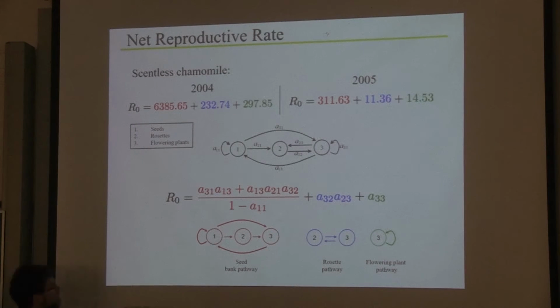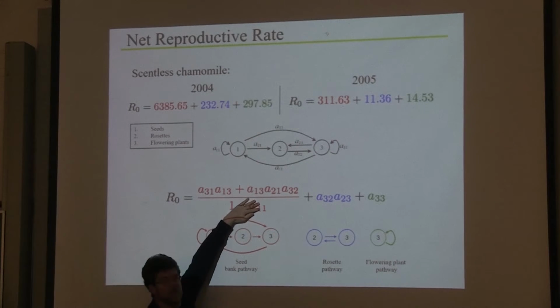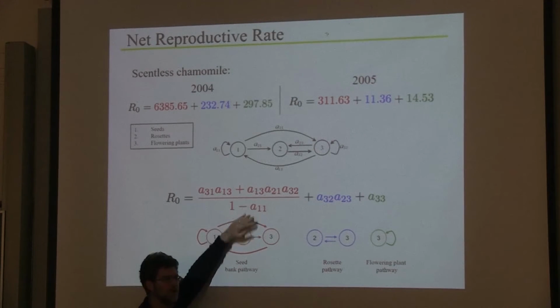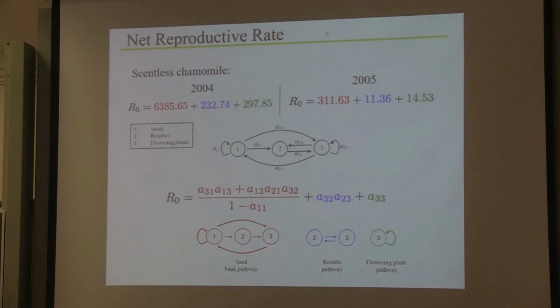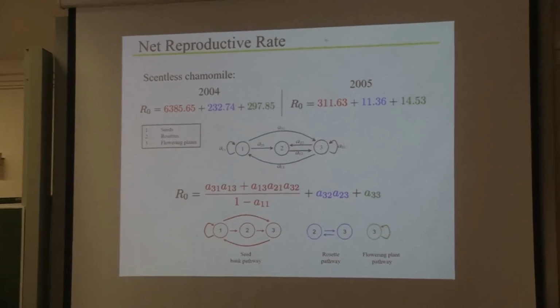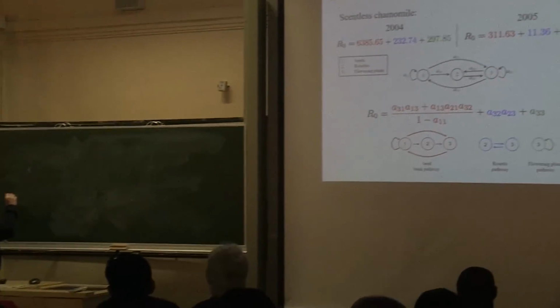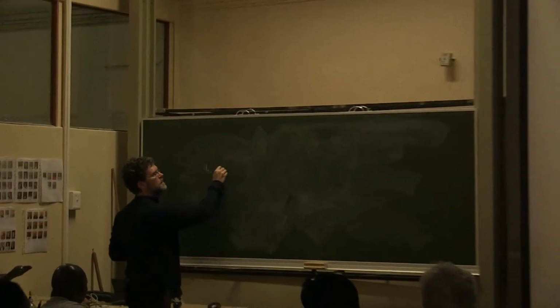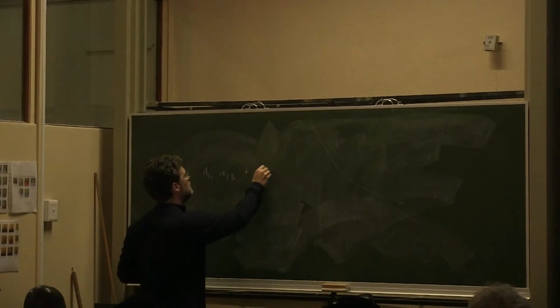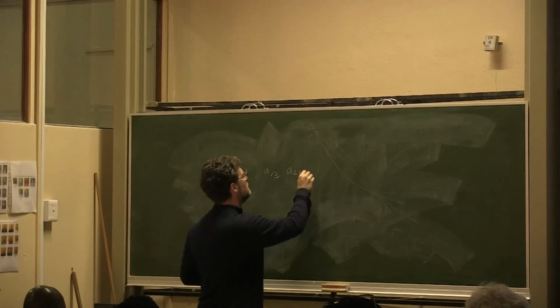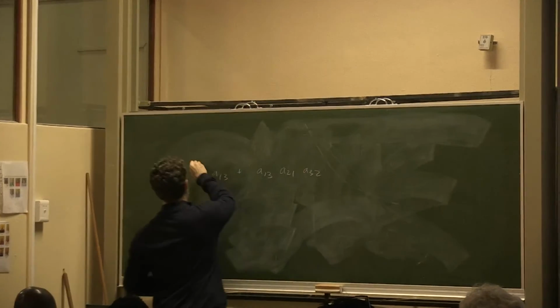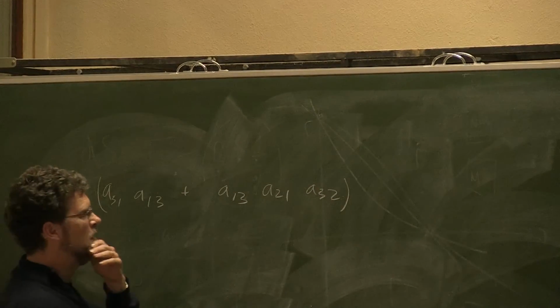And if we look at this term here, we need to include this somehow. And actually, I think I can turn the light on here. Is that right? Okay. And this piece of chalk. So we have a term A31, A13 plus A13, A21, A32, divided by 1 minus A11.